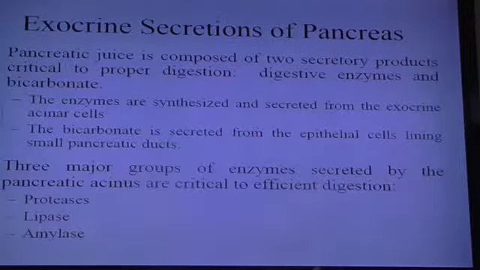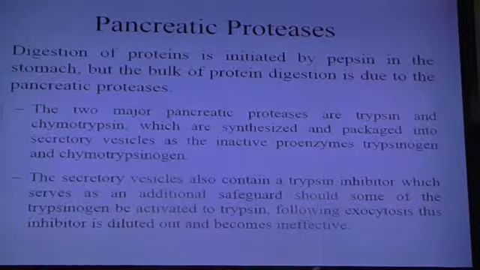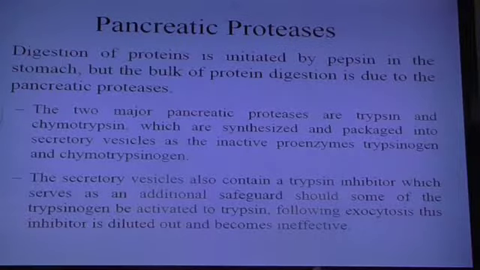All right. Now, as far as the proteases are concerned, the two main ones we know are trypsinogen and chymotrypsinogen. They're excreted. The trypsinogen gets activated by activator factors, enterokinase and that type of thing down in the gut. And then the trypsin activates chymotrypsinogen to chymotrypsin.